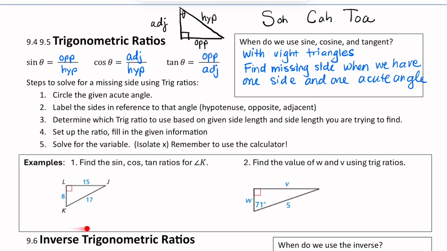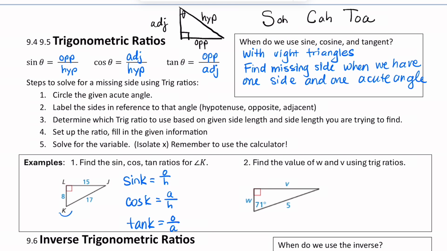So in example 1, we're just going to look at angle K and set up the ratios. So sine of K, cosine of K, and tan of K. Okay, remember sine is opposite over hypotenuse, cosine is adjacent over hypotenuse, and tangent is opposite over adjacent. So let's figure out which side is which.